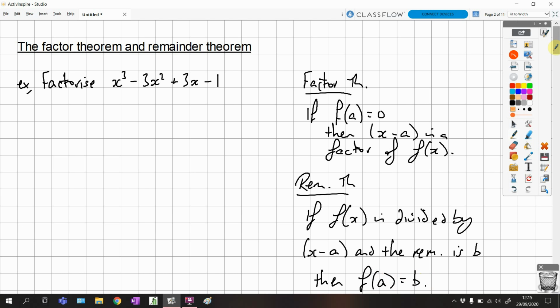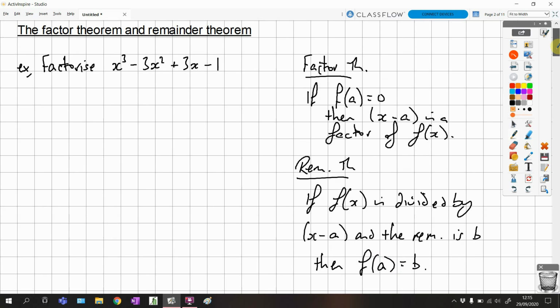We'll come on to the remainder theorem a little bit more later on, but that's both of them stated.